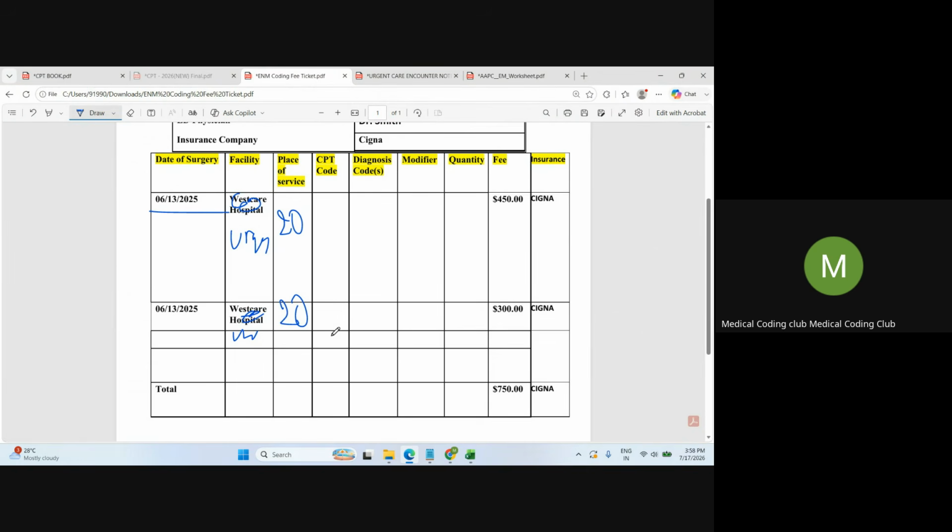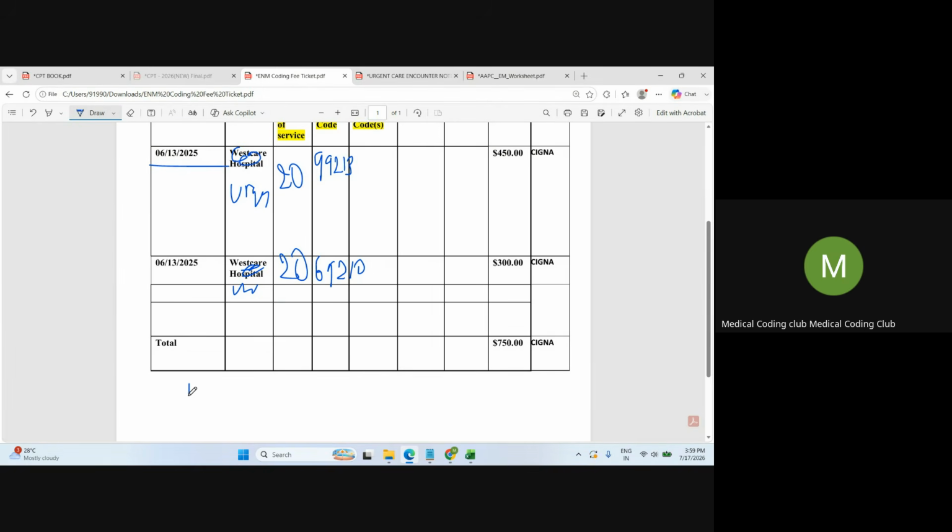Then coming to CPT codes, the first CPT code should be the ENM code. So we got 99213 as our ENM level, and then we got another code, 69210, cerumen removal using instrumentation. For ENM, you can code both the diagnoses. You can link them.